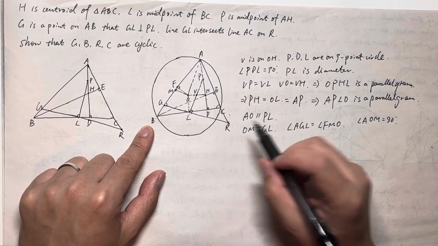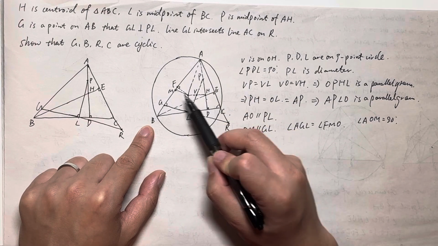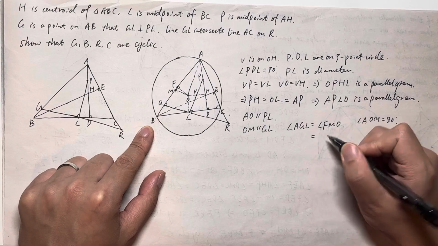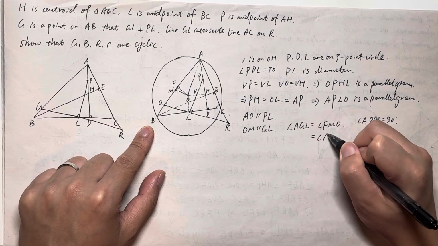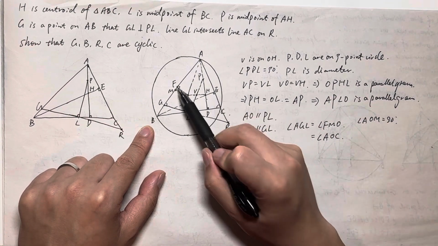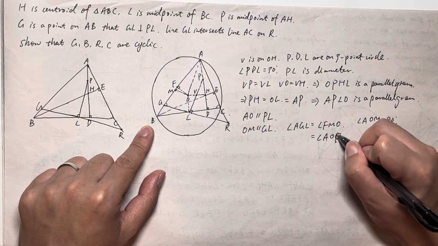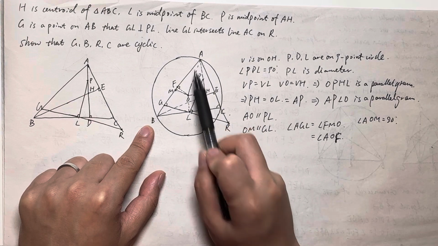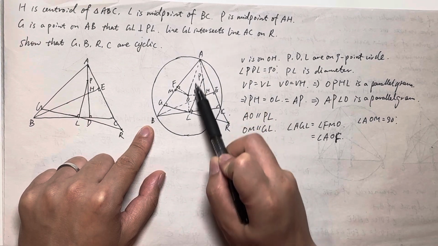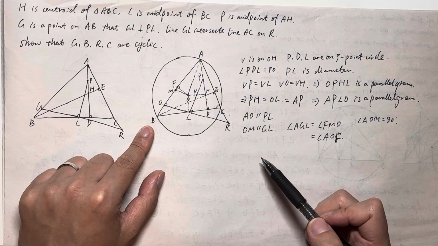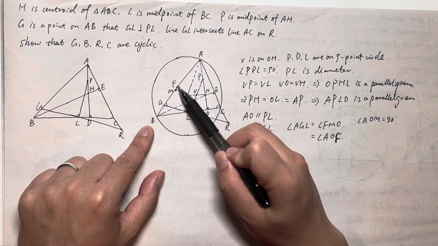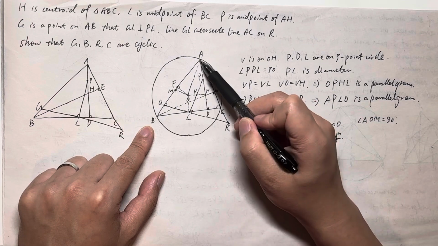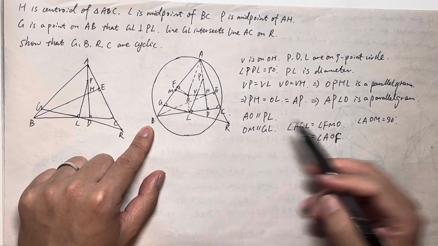That means angle AMO, or FMO, equals angle AOF. And angle AOF is half of angle AOB, so it also equals angle ACB.